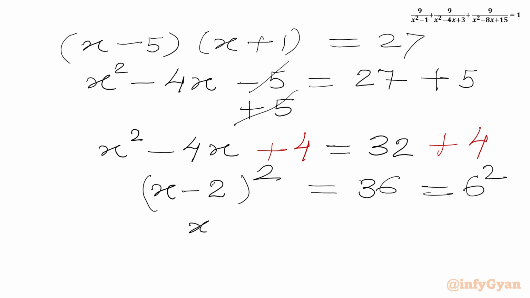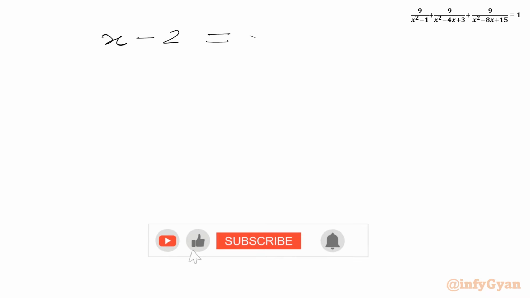Now we will write our equation: (x - 2)² = 6². Now we will take the square root on both sides and we will get x - 2 = ±6.